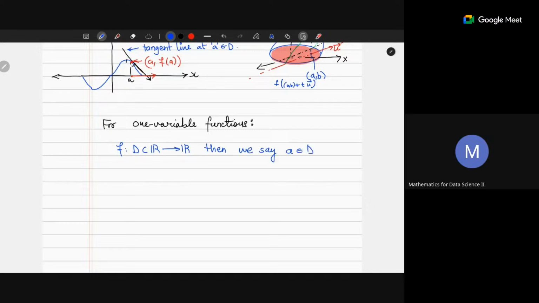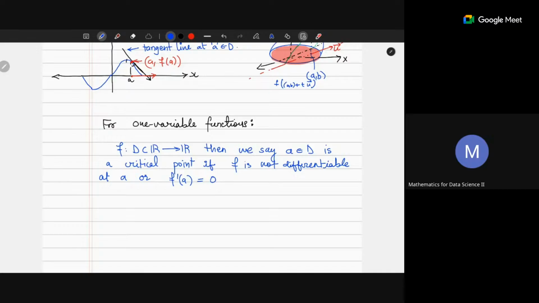A point A in D is a critical point if f is not differentiable at A, or if it is differentiable and its derivative at A is 0.